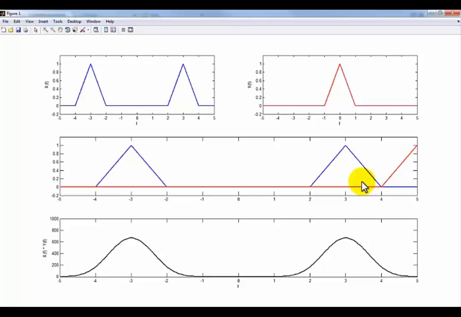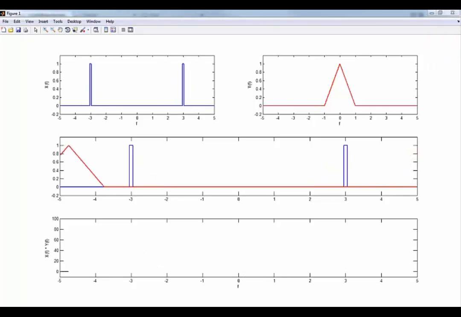Just to kind of give you a reminder, I now want to do a special example where we're going to do two delta functions, and that'll be more like what we would see for the standard multiplication of a carrier wave or convolution of cosine with a signal. And here we go. You can see on the left with the blue I have two delta functions, and they're not exactly a delta function.